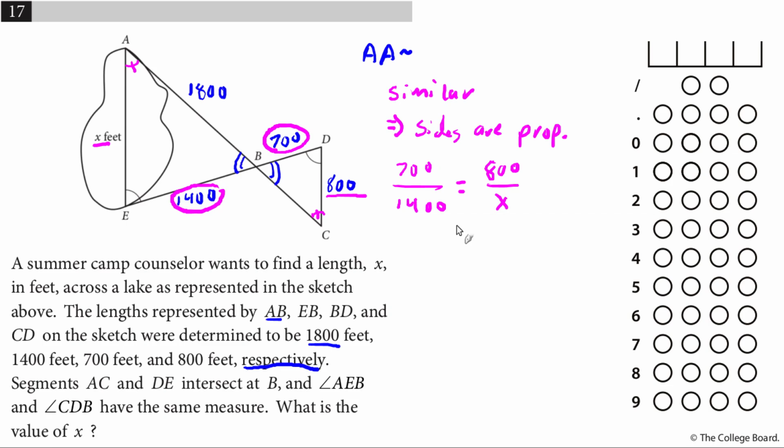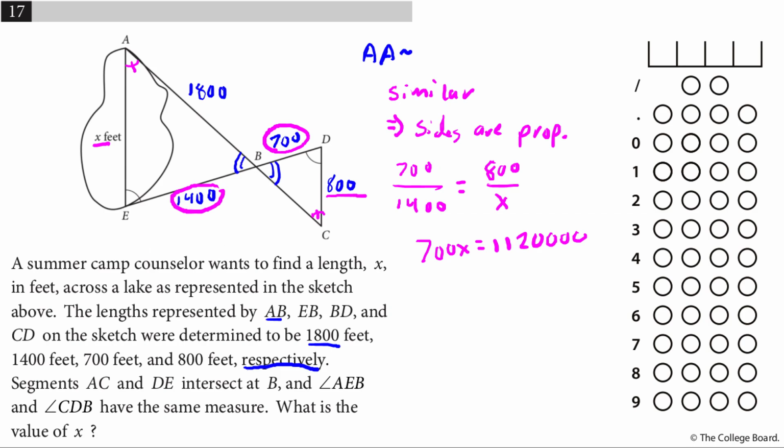And I could solve this by cross multiplying, getting 700x equals 800 times 1400. I guess, let's see, 8 times 4, 32... all right, a mess. I don't really want to deal with that. So here's what I notice.